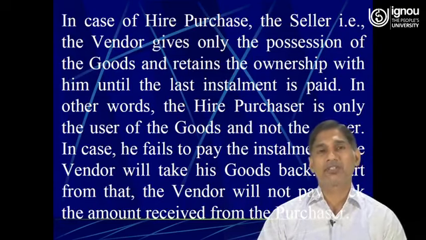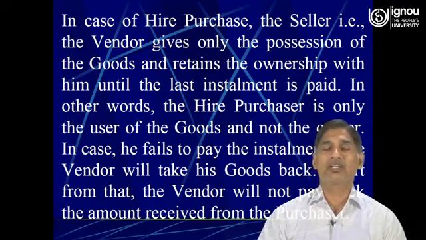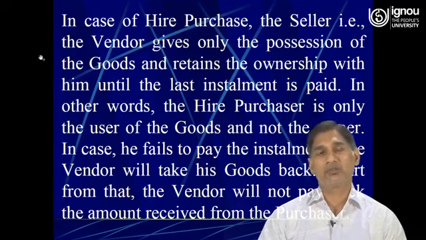Sometimes what happens is that the buyer is supposed to make a total of 4 installments under the hire purchase system. He made the payment of some amount as down payment and the remaining amount was supposed to be paid by the buyer in 4 annual installments. So, sometimes it may happen that after making the payment of first or second installment, the buyer could not make the payment of third and remaining installments.